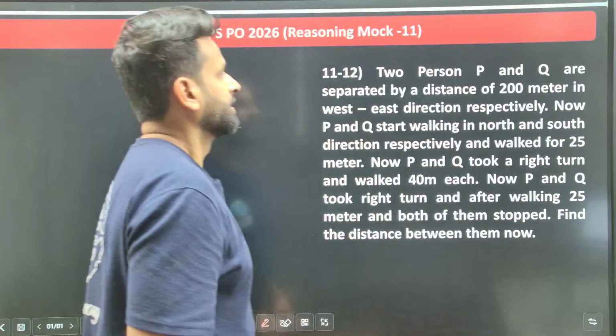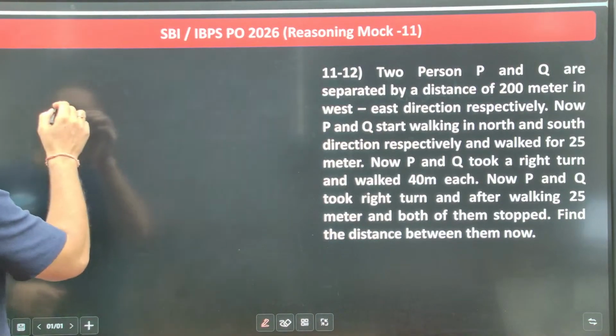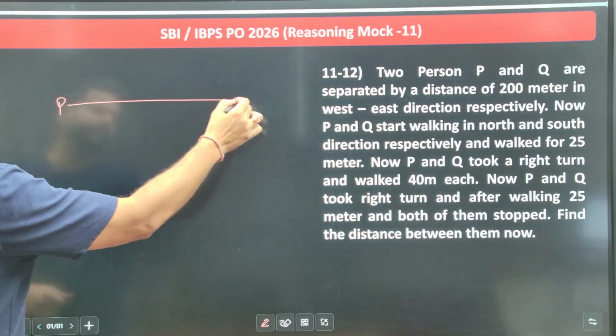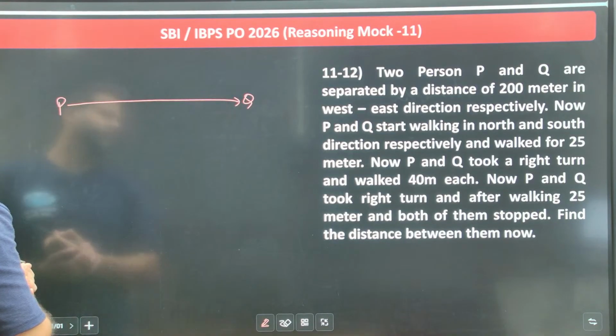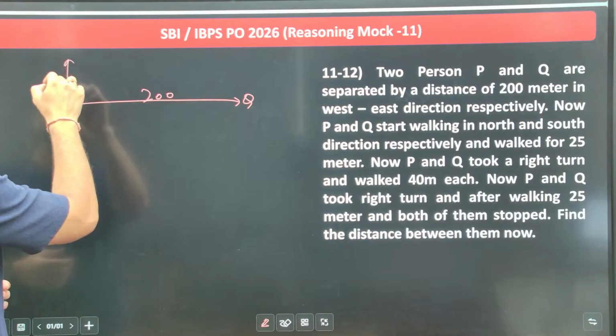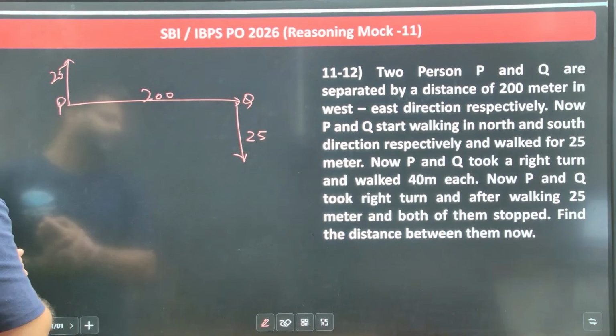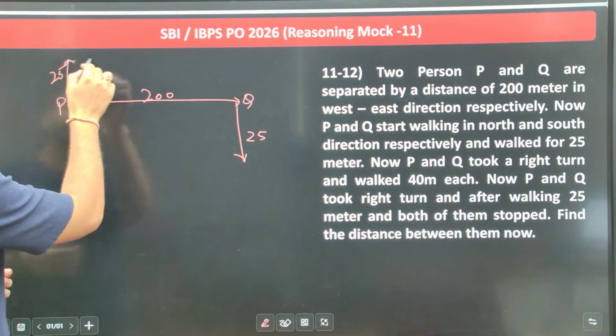120. All right. Two persons P and Q separated by 200 meters west to east. This is P. This will be Q. Total distance is 200. West east. P and Q north and south 25. P and Q right turn 40 meter.